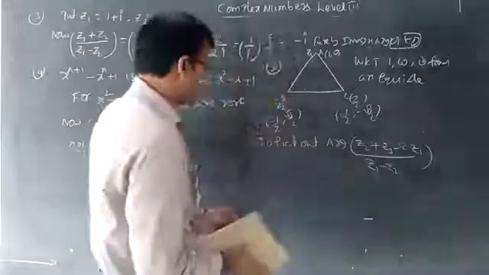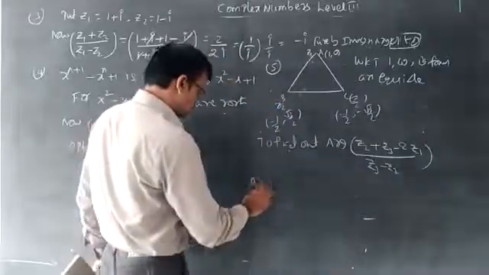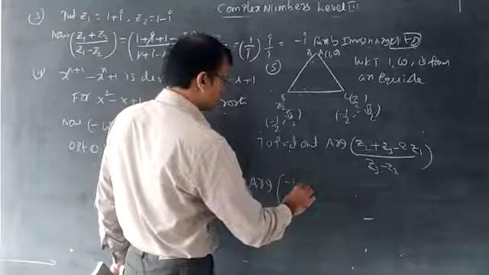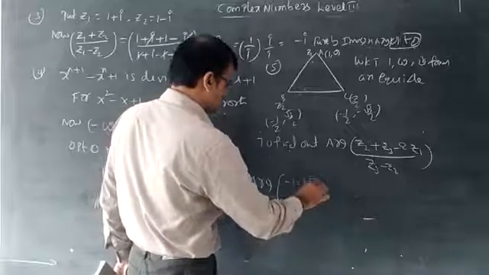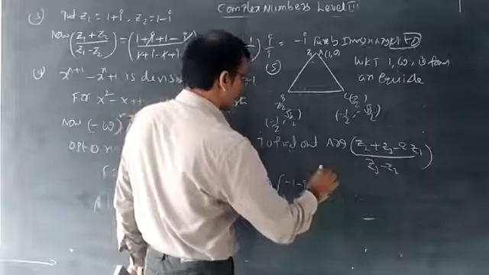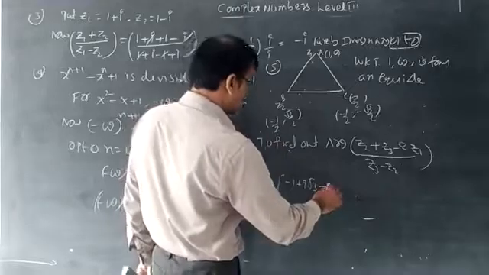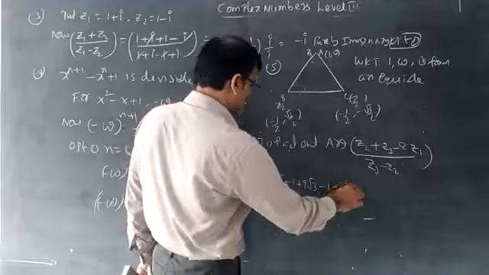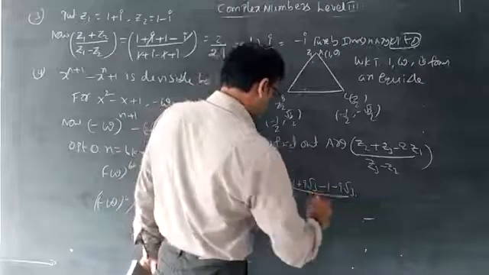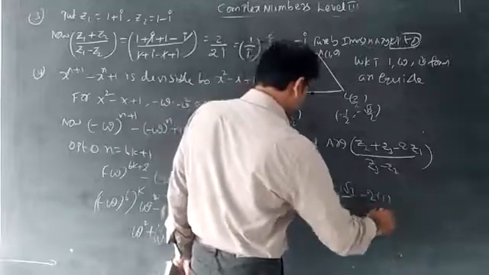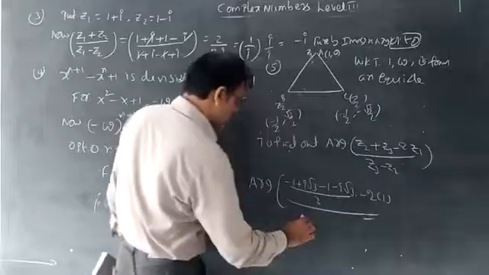Now apply the concept. Z2 means minus 1 by 2 plus i root 3 by 2, Z3 means minus 1 minus i root 3 by 2 whole by 2, minus 2Z1, which is 2 into 1, whole by Z3 minus Z2.